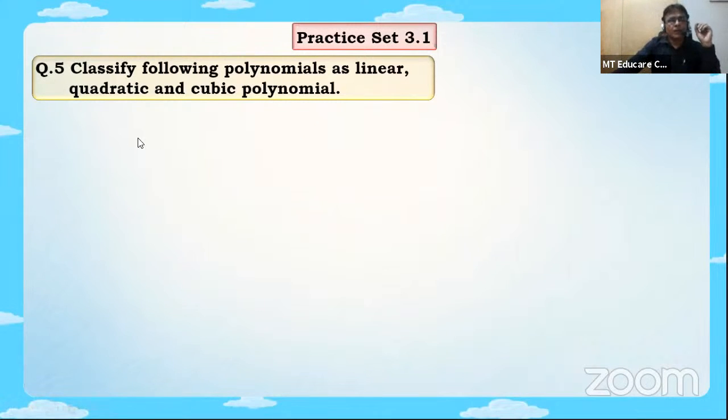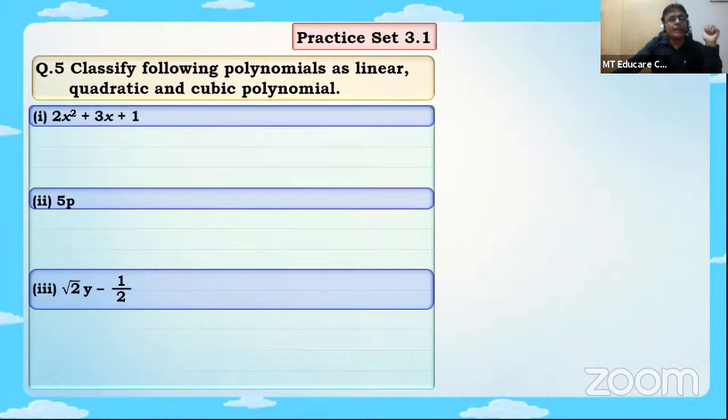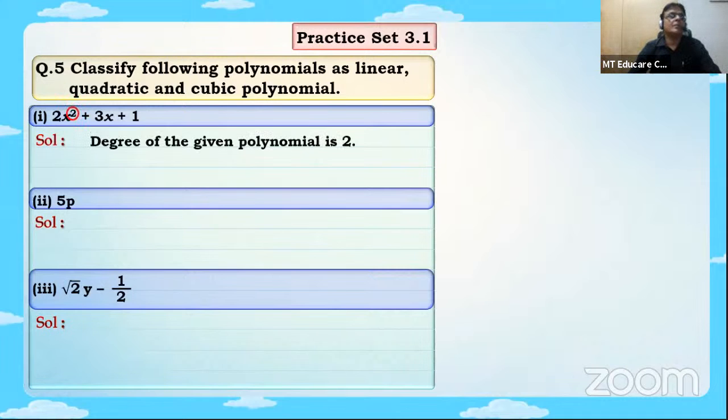Very good, linear, quadratic and cubic we divide on the basis of degree. So let us check the degree. What is the degree of this first polynomial? 2. Very good. Therefore degree 2, it is called a quadratic polynomial.